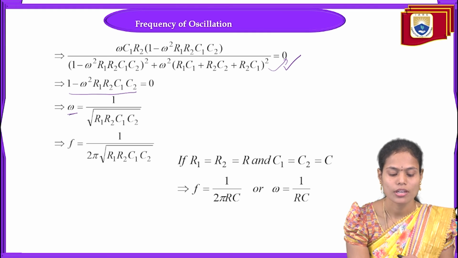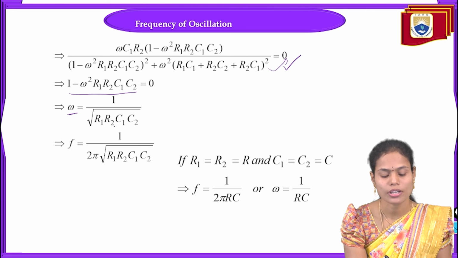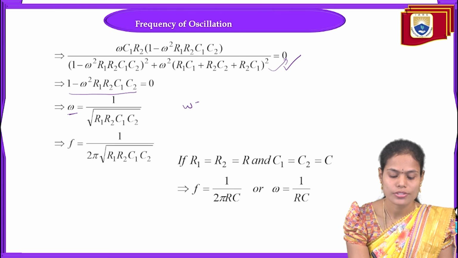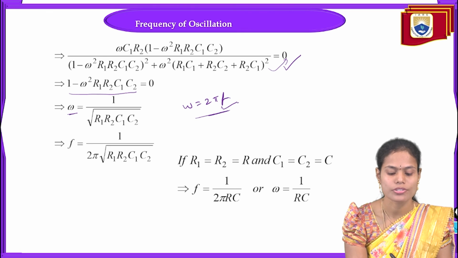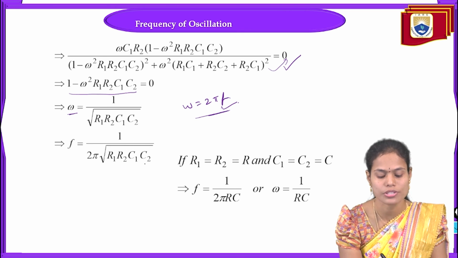So from this, if we find the omega value, we will get it as 1 by root of R1 R2 C1 C2. And here omega is equal to 2 pi f. So from this, if you write the frequency f value, we will get it as 1 by 2 pi under root of R1 R2 C1 C2.